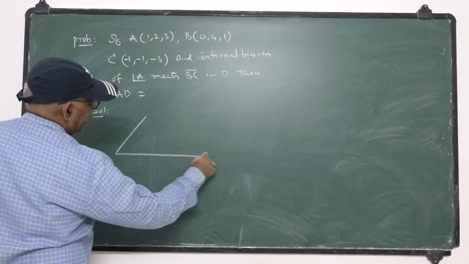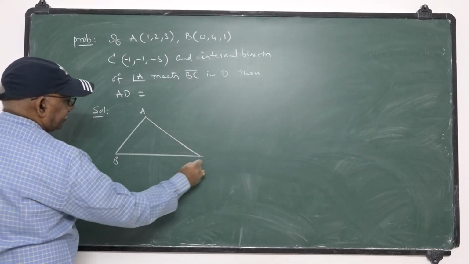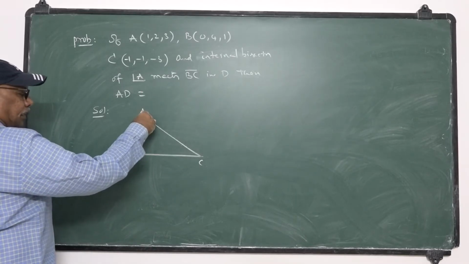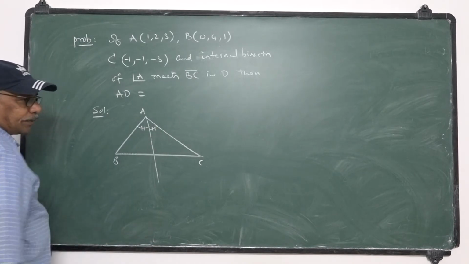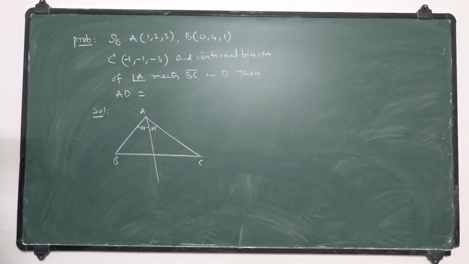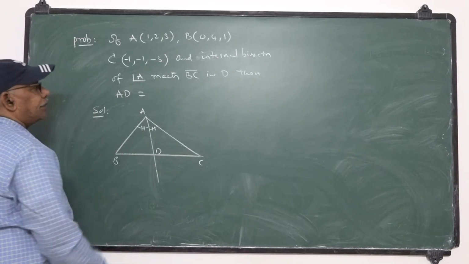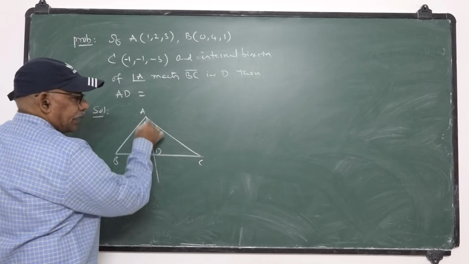This concept is already given to us. Suppose this is triangle ABC. Let us consider the internal angular bisector. This angle is the same as this angle. The internal angular bisector of angle A meets BC at D. Then you have to find the length of AD.